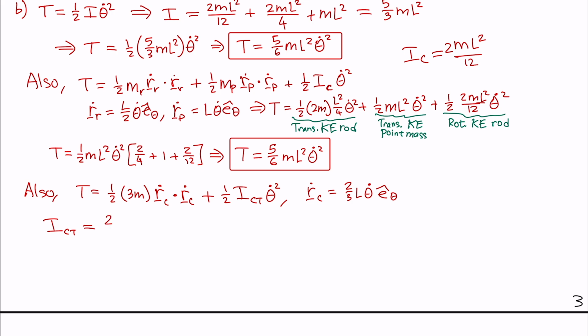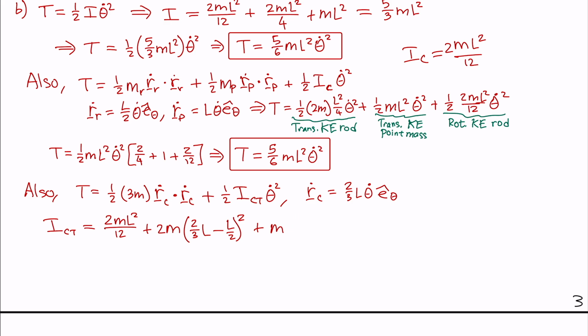So we start with the moment of inertia for the rod, ignoring the point mass, plus parallel axis theorem for the rod, 2m times quantity 2 over 3 L, center of mass, minus L over 2, that quantity squared. And then also we need a parallel axis theorem for the point mass.